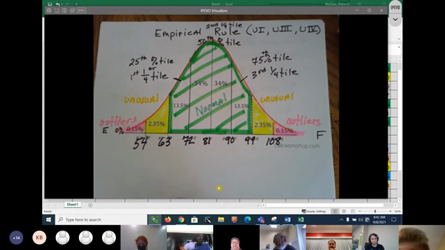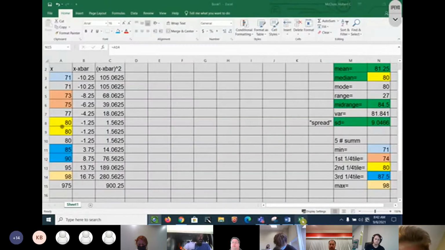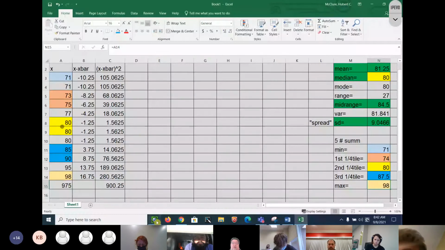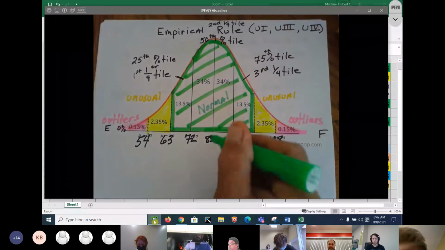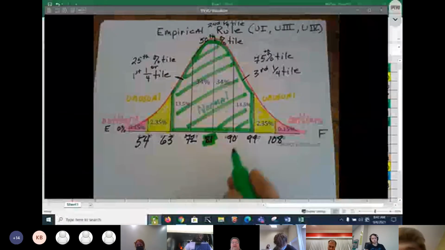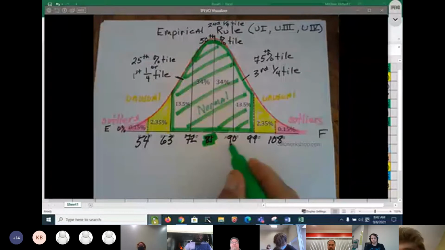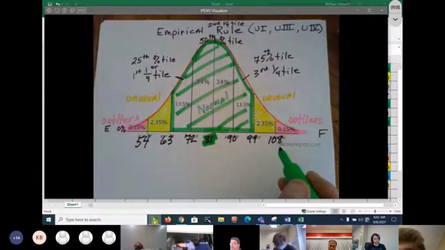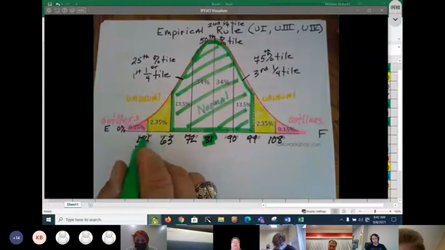And remember, we'll go back here. The mean, 81.25, that's right here. Then you add the standard deviations on the right, and then you subtract the standard deviations on the left.